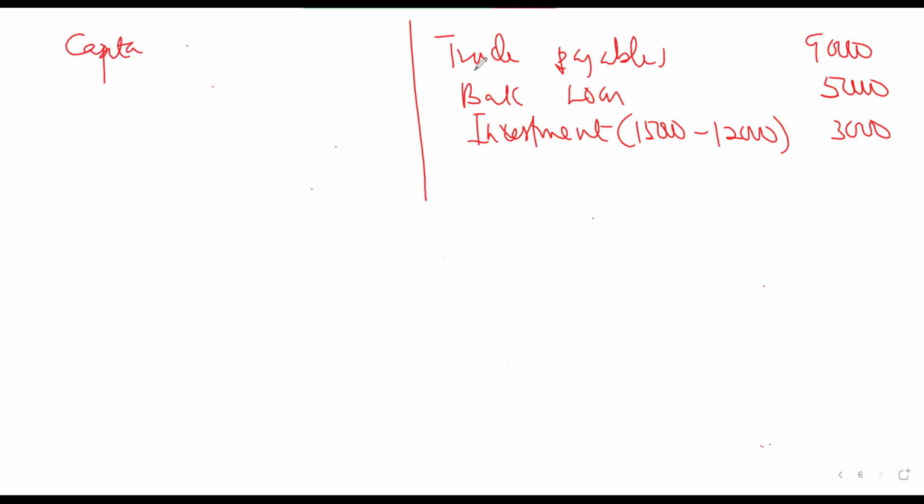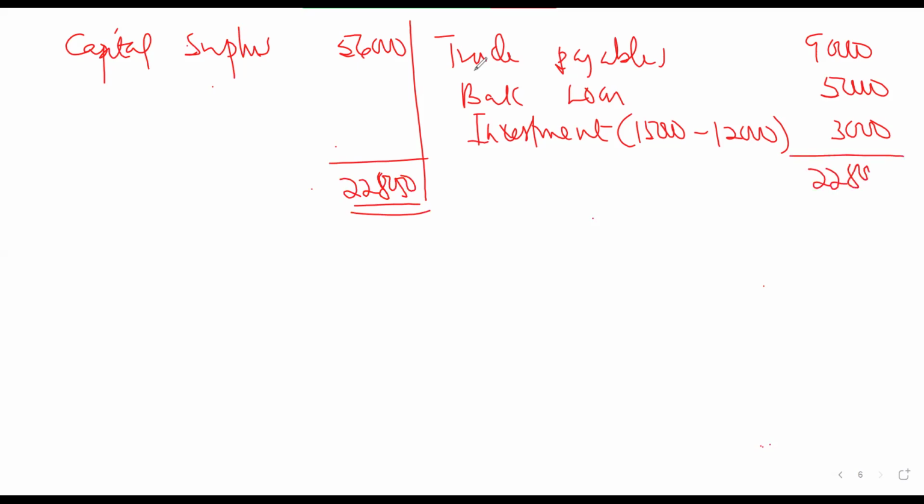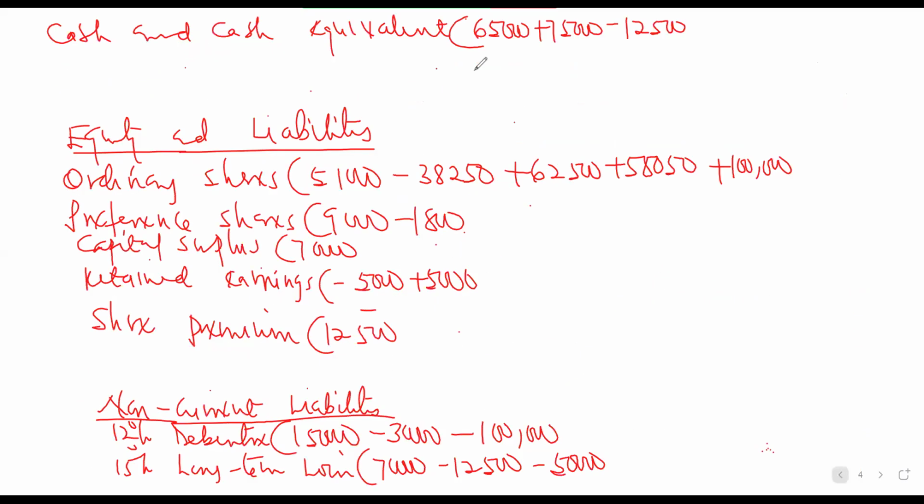This will be taken to capital surplus. The gain will be taken to capital surplus. So we have 56,000. So we have 228,050. Okay. So our capital surplus will now be increasing by an additional 56,000.